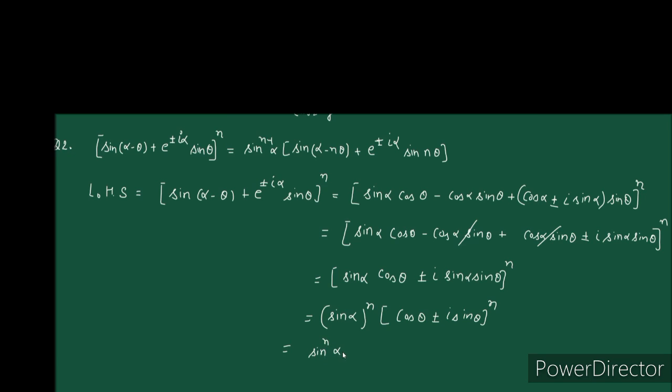Sin n alpha, apply De Moivre's theorem, that power n goes into the angle: cos n theta ± iota sin n theta. Now according to the requirement, you have to move one power inside, because you require sin n minus 1 alpha outside.